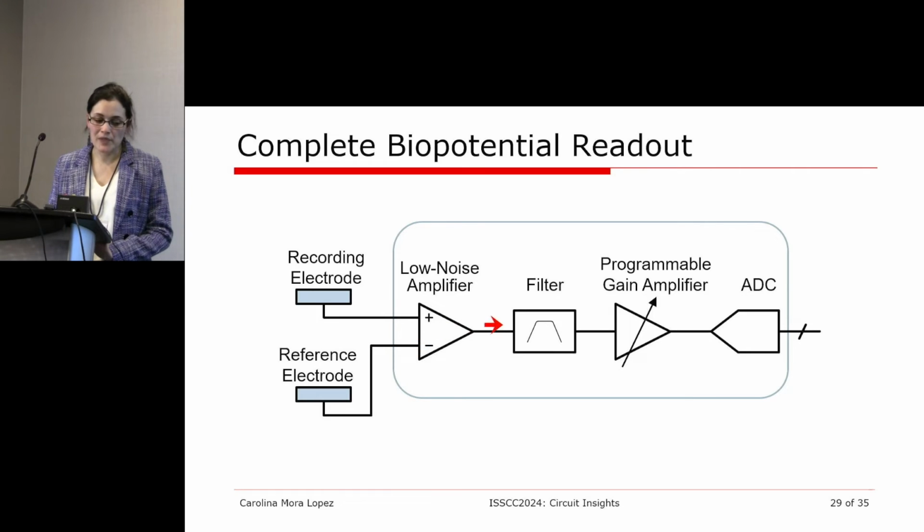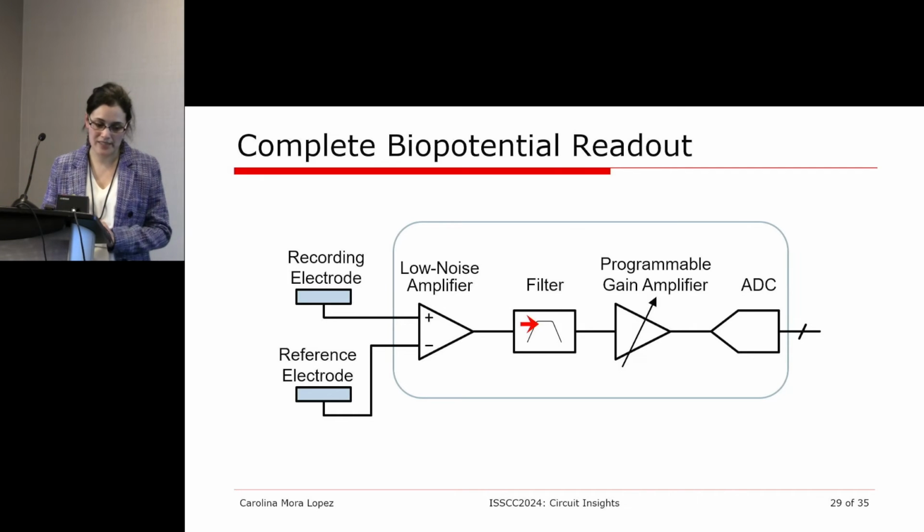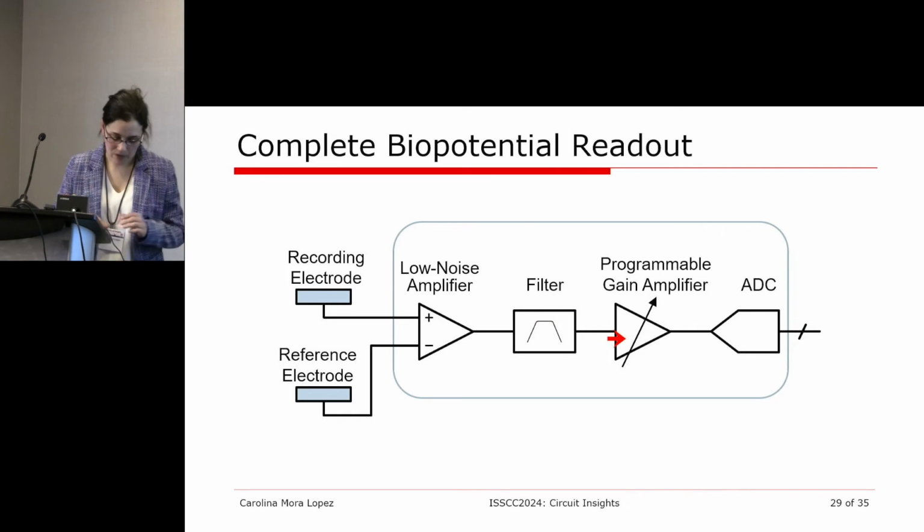Then you will require a filter to set your signal band, to limit not only the low frequency component, but also all the high frequency signals and noises that you want to reject. You may want to have a programmable gain amplifier.